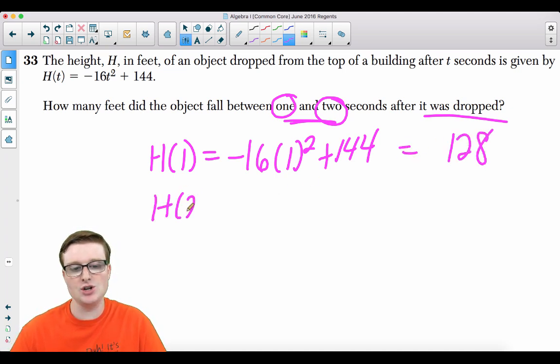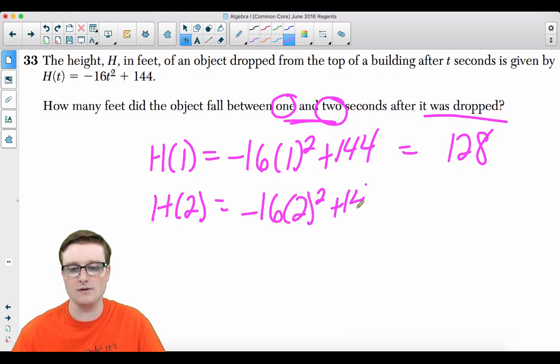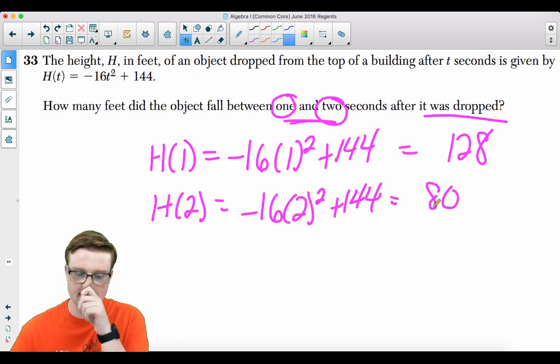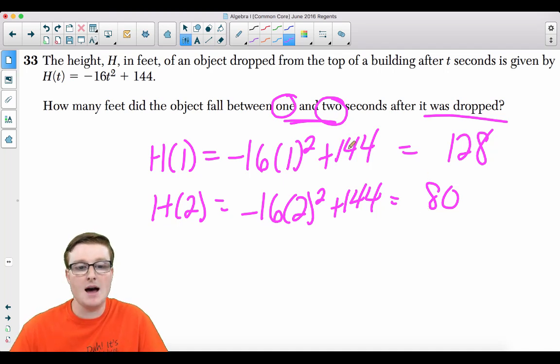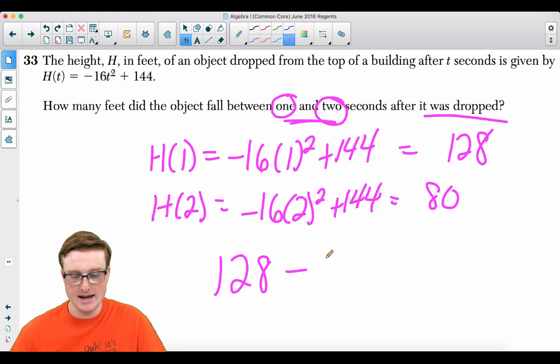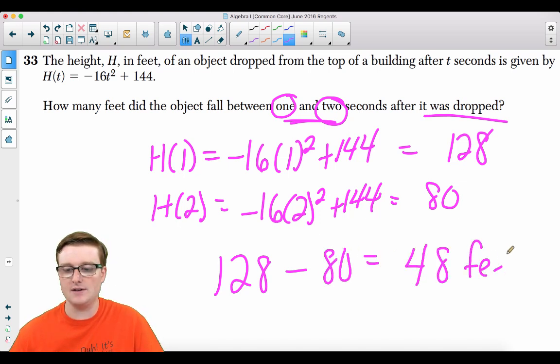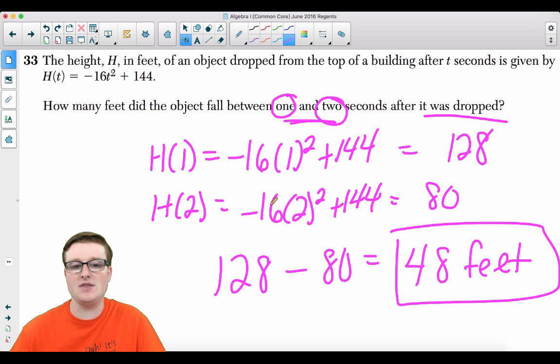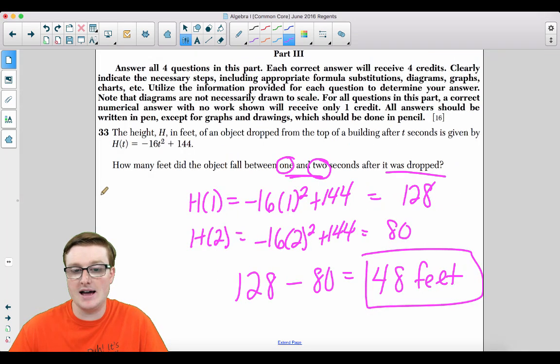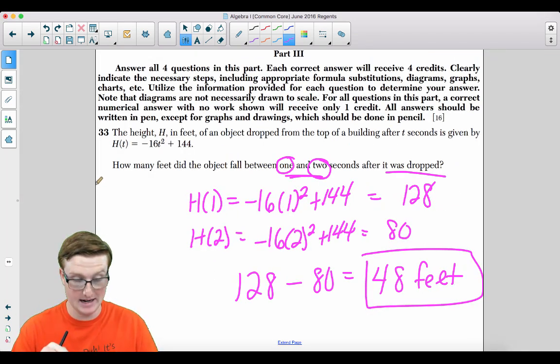Now, h of 2 is negative 16 times 2 squared plus 144, and we get 80. So how many feet did the object fall? We take 128 feet minus 80 feet, and your answer is 48 feet. That's the number of feet the object fell between 1 and 2 seconds.